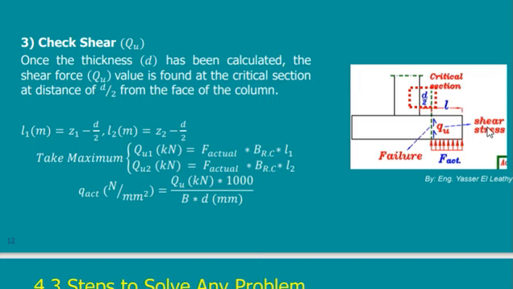You remember that we said that when we are choosing the dimensions of the footing, it is better for the difference between the length and breadth of the footing to be the same as the difference between the length and breadth of the column.